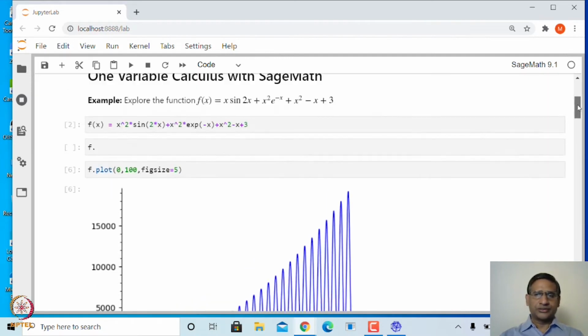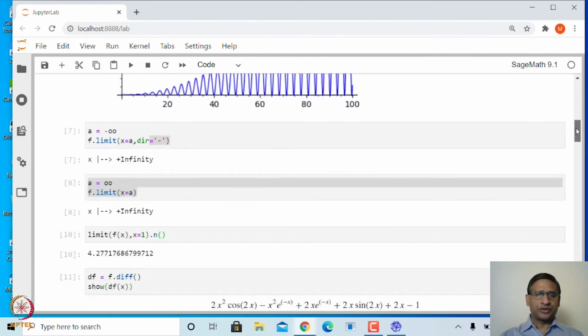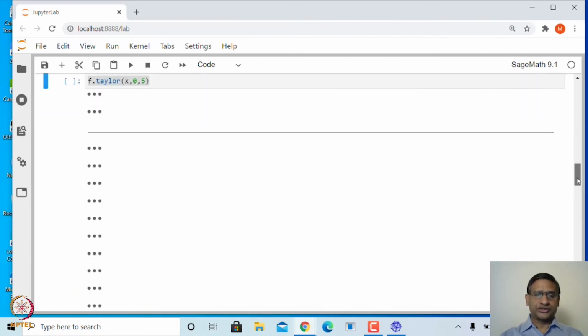Another thing you should keep in mind, as I have been telling you repeatedly, is that if we want to find the limit, derivative, or integral using the functions limit, diff or integral, then these functions will work not only for a function of one variable, but also for functions of more than one variable. So, the same function.